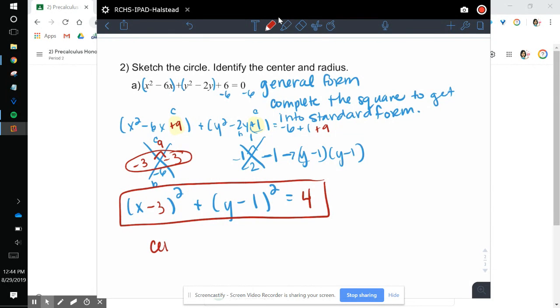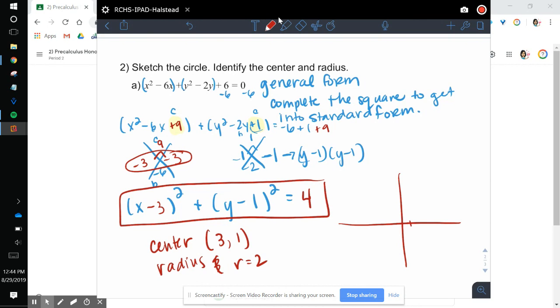So we can see that the center is at (3, 1) and our radius is equal to 2. It's the square root of 4. I'm going to sketch this in really quick. My center's at 3 over, up 1, and a radius of 2. So I'm just going to count 2 in every direction to give myself a nice little sketch.